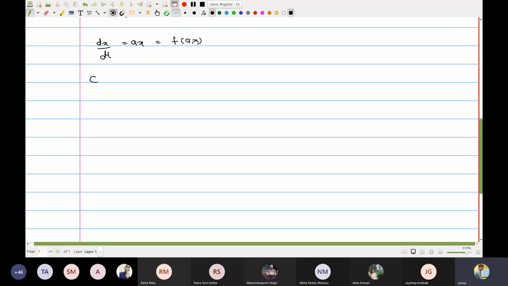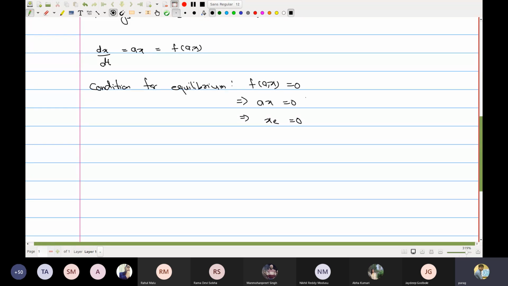So now the condition for equilibrium. The condition for equilibrium is f of ax equal to 0, right? Which means ax equal to 0. In other words, x equilibrium is 0, right?